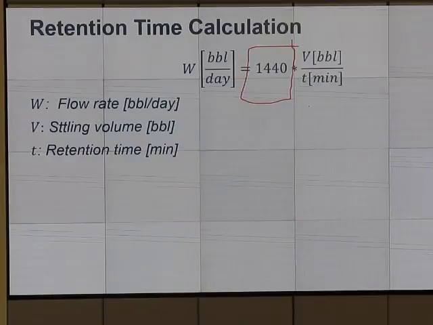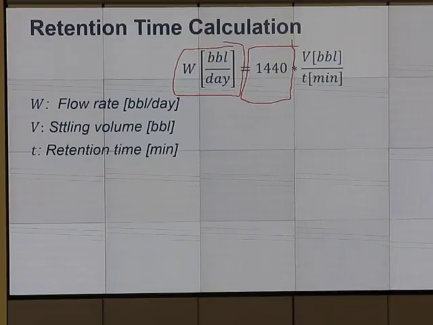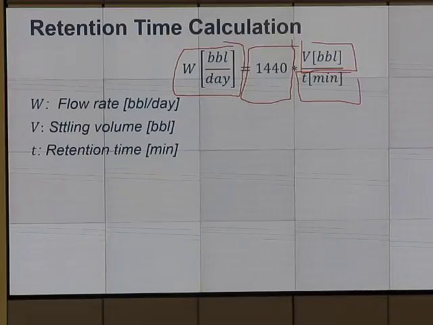It's 24 times 60. So it's just like the volumetric flow rate W, right? Equal to volume divided by retention time. Okay, just volume divided by retention time. And we change the unit to match.